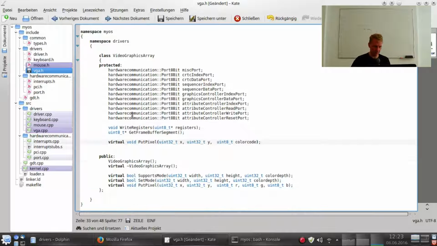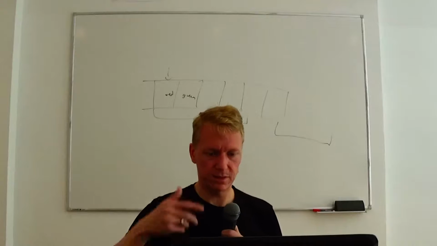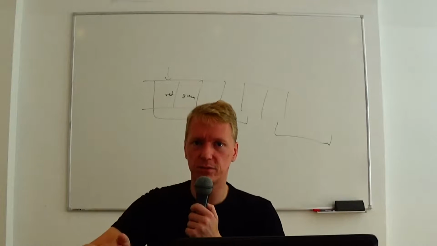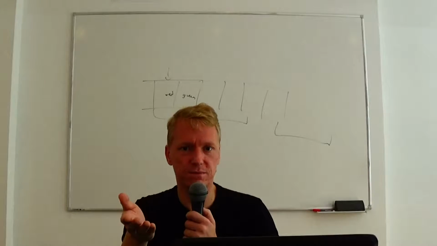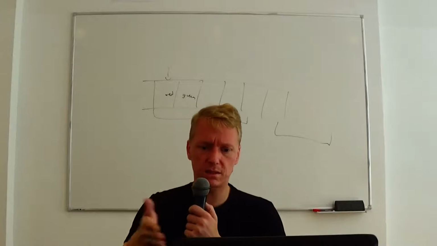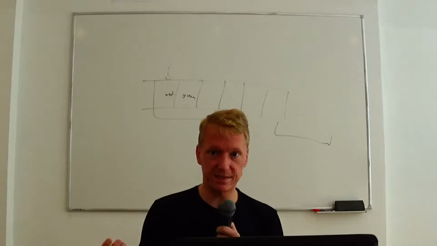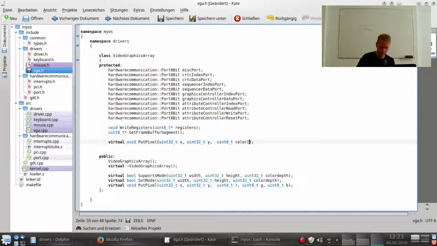So the put pixel method down here is supposed to get an index. The 8-bit color modes use basically a table of 256 entries of different colors, and then here you just select an index in that table. Okay, so the put pixel method actually needs to get this color index for a certain color.